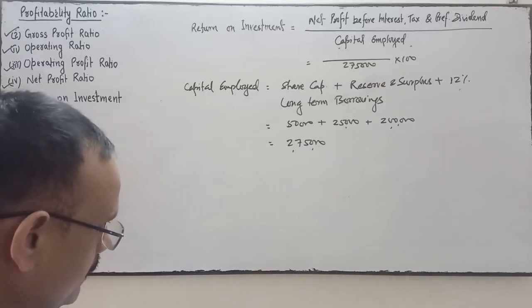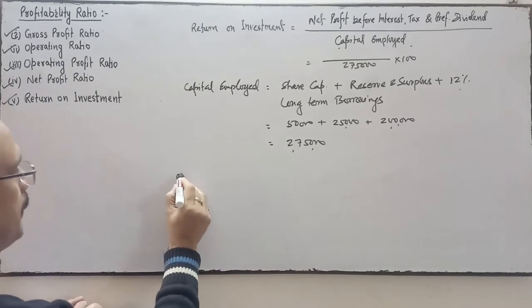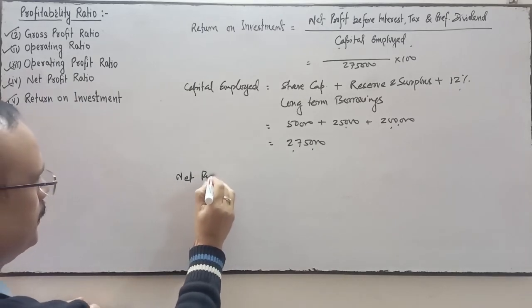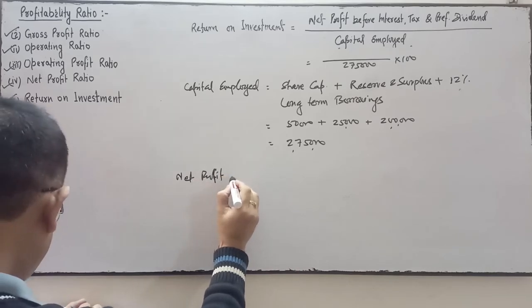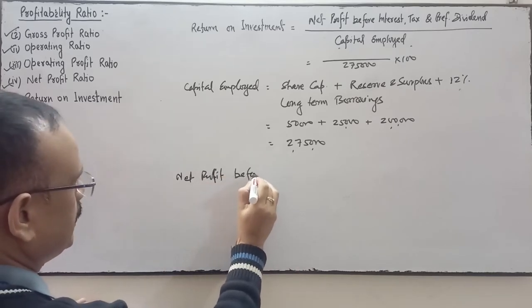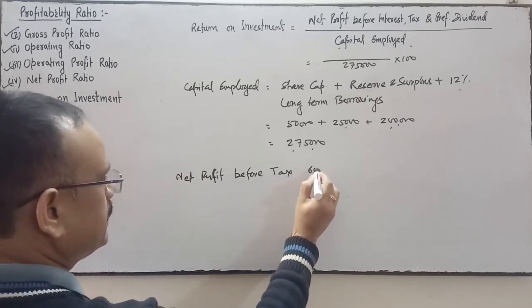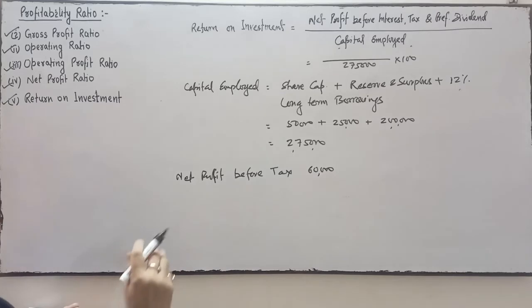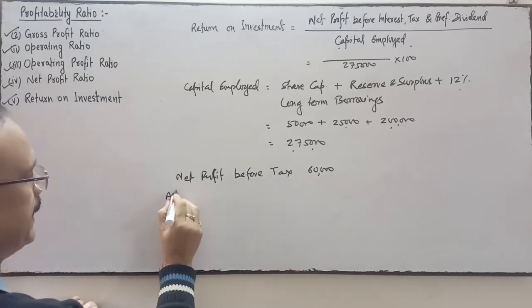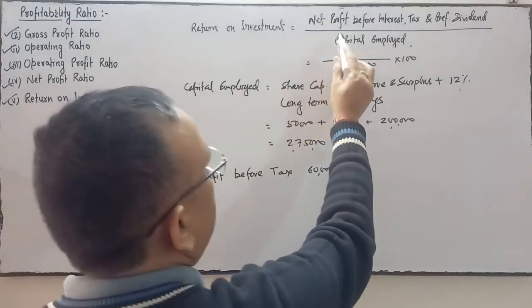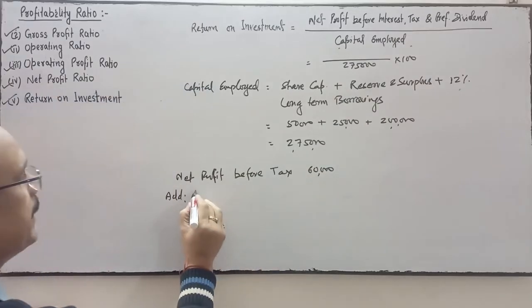Now we will find out the net profit before interest, tax and preference dividend. Here the net profit before tax is given in the question at the bottom. It is 60,000, but it is before tax. So we'll add the interest, because we want net profit before interest, tax and dividend.